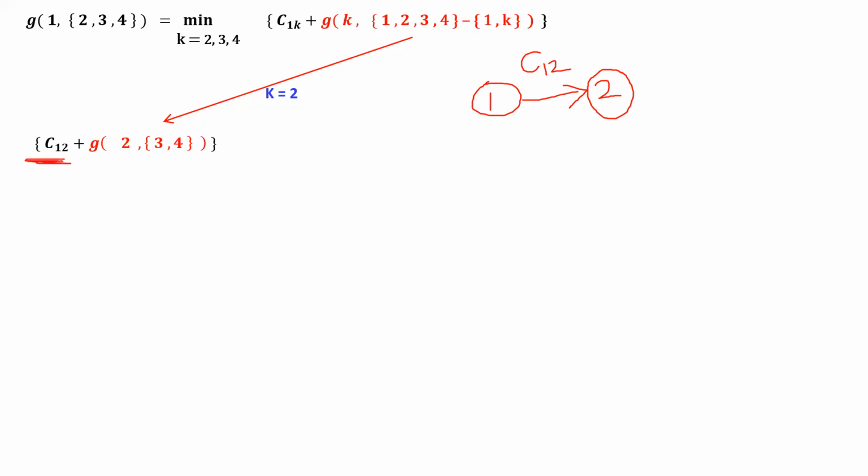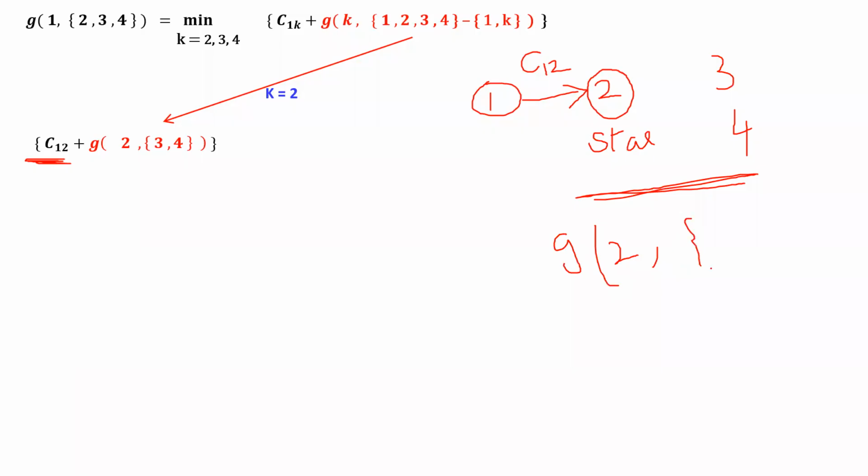Then you have visited city 1, then you have visited city 2. Now what are the remaining cities that you have to visit? 3 and 4. Now this 2 becomes the starting city. The remaining cities that you have to visit will be 3 and 4. And this problem is a sub-problem. And this sub-problem can be now represented as g of 2, because 2 is now the starting city.